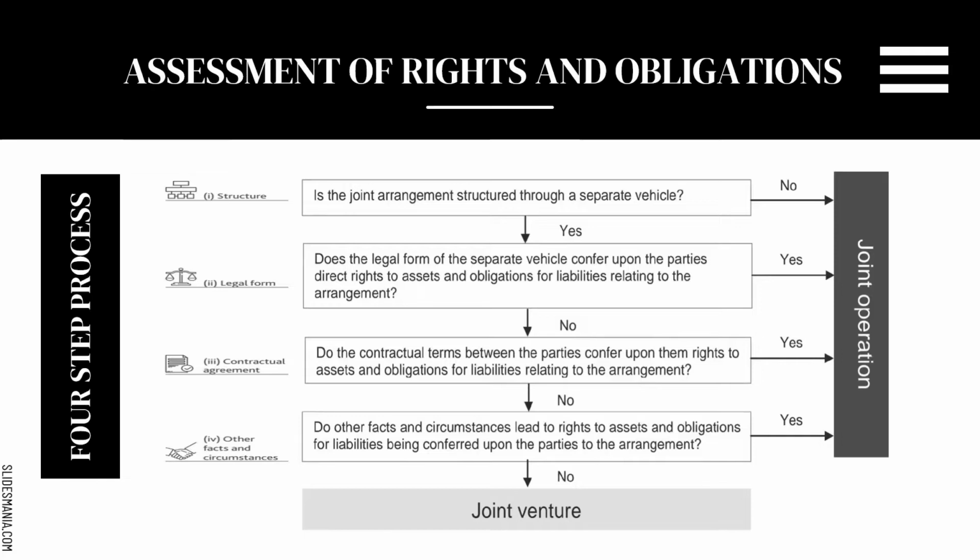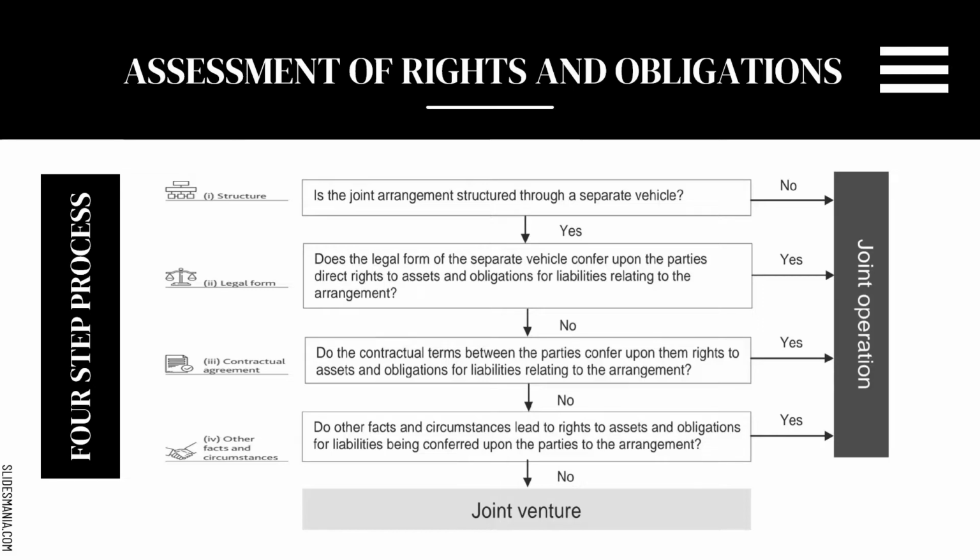Yung tatlong yun, it indicates ba na yung investors is may direct rights sa assets and direct obligations sa liabilities. So, pag meron siyang direct rights sa assets and direct obligations sa liabilities, is joint operation siya. Pero pag hindi, or pag wala, joint venture. So, itong 4-step process.